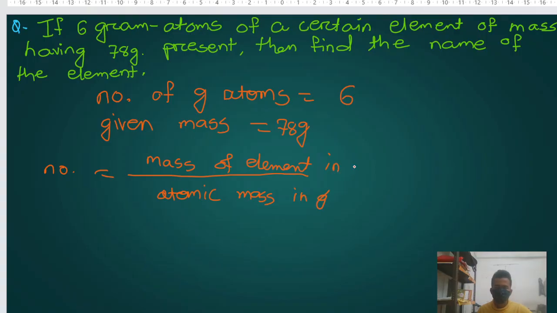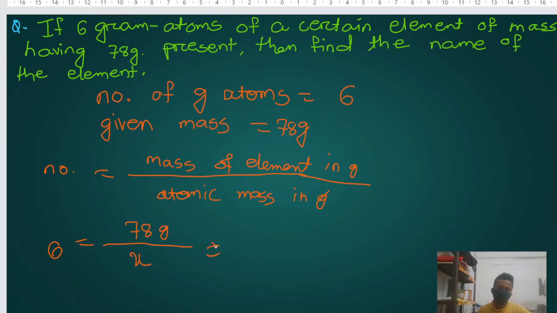Here the number of gram atoms is 6, so 6 is equal to the mass of the element, that is 78 gram, upon the atomic mass, which we don't know, so we can consider it as x.